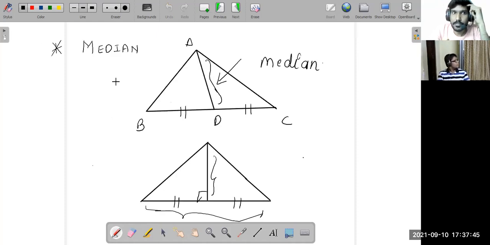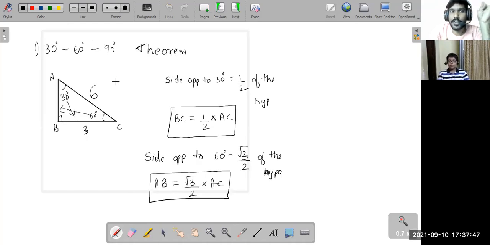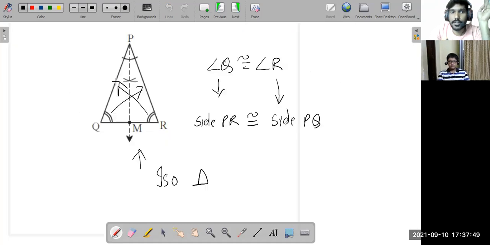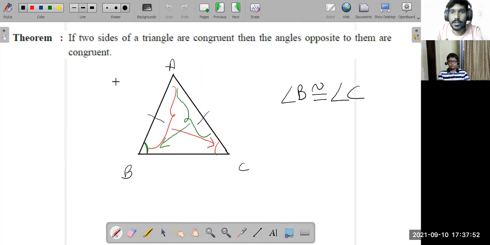Clear? So we did three things. First we did the isosceles triangle theorem, which says if two sides of a triangle are equal, then the angles opposite to them are also equal.